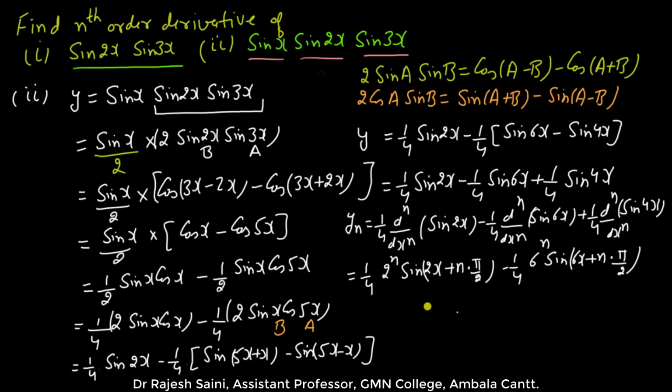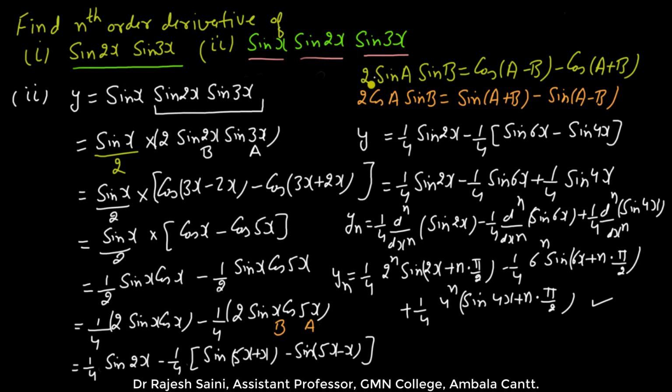And its nth order derivative will be plus 1 by 4, coefficient of x is 4 raised to the power n sine 4x plus n times pi by 2. So if you want to take 4 common, you can take it. Otherwise this will be the nth order derivative of the product of 3 functions.